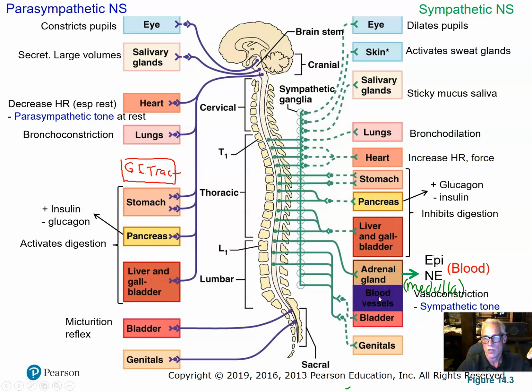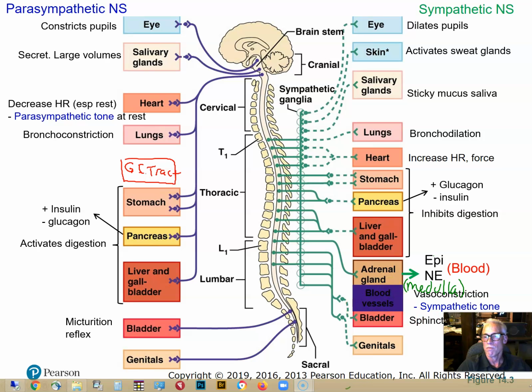It'll raise the blood pressure. And if you have to lower the blood pressure, it's already too high, you can reduce the sympathetic tone to all those smooth muscle cells in the blood vessels, and they will vasodilate, and the pressure goes back down. So maintaining the blood pressure has to do with the degree of sympathetic tone at all of your blood vessels all of the time.